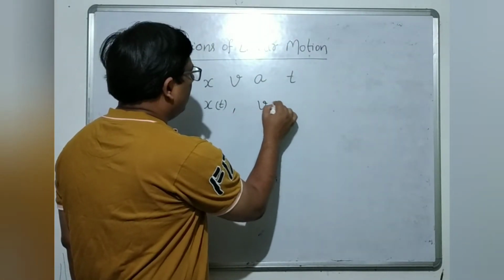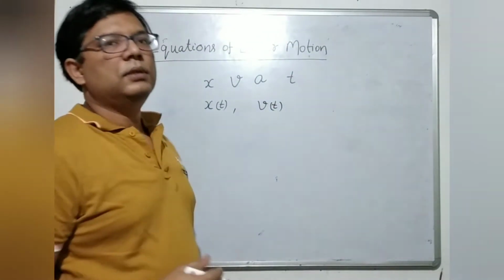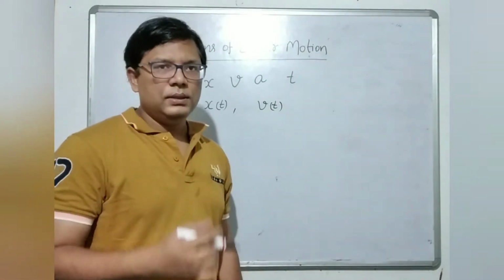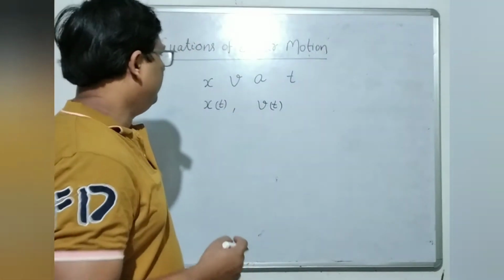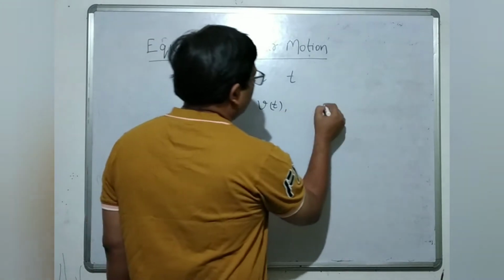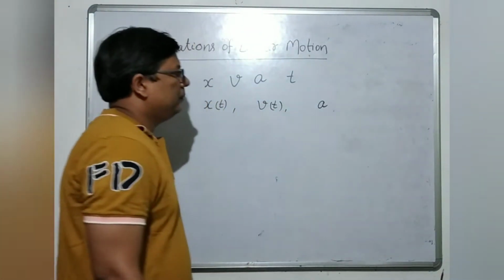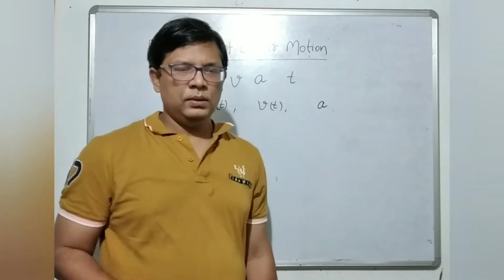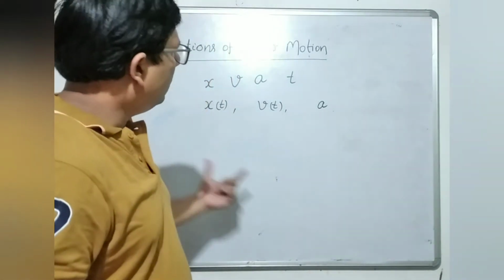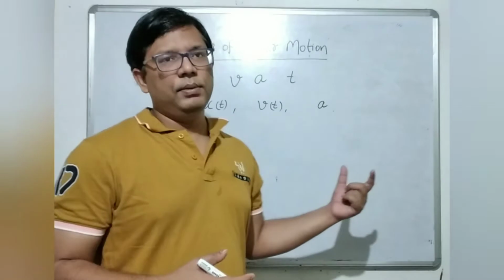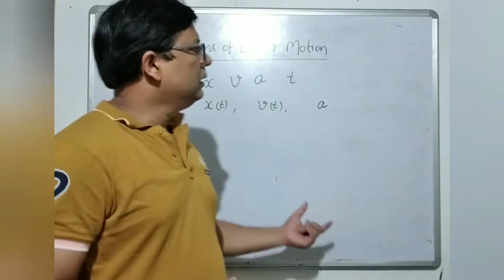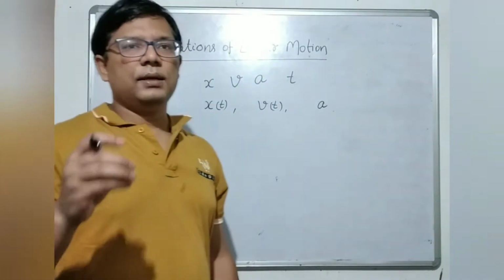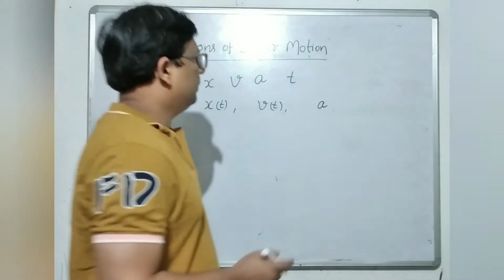Then we will come to know about how velocity changes with time. Now there is also acceleration. Acceleration can also vary with time. But when we are describing the equations of linear motion, we are keeping acceleration constant.